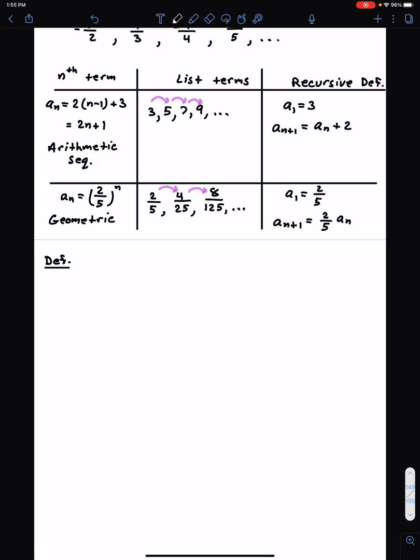Definition. Limit of a sequence. Let L be a real number.